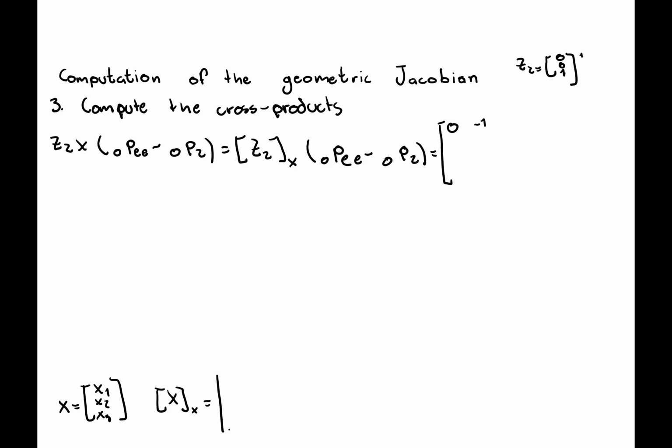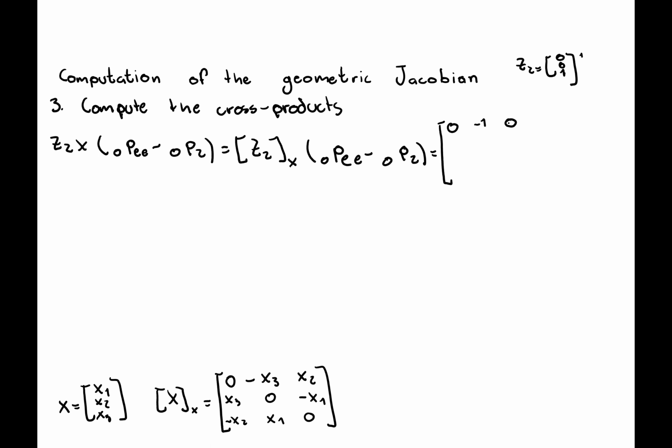matrix of this one is 0, minus x3, x2, minus x1, and then x3, minus x2, x1, 0, 0 here. Okay, so this is basically what I'm doing here.